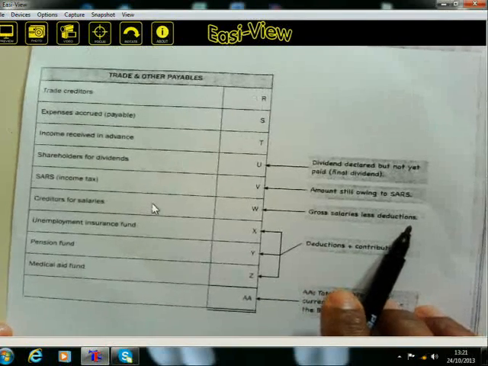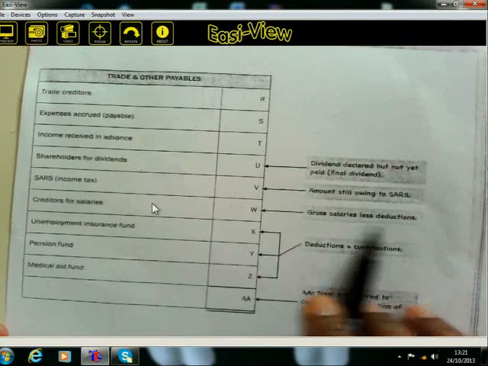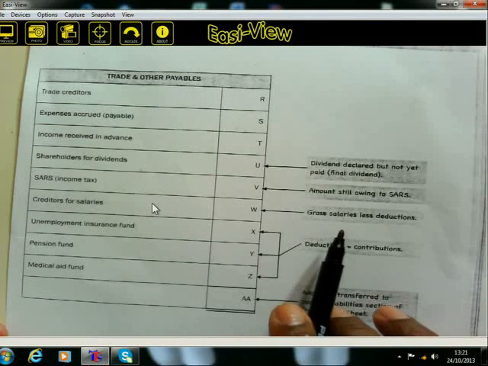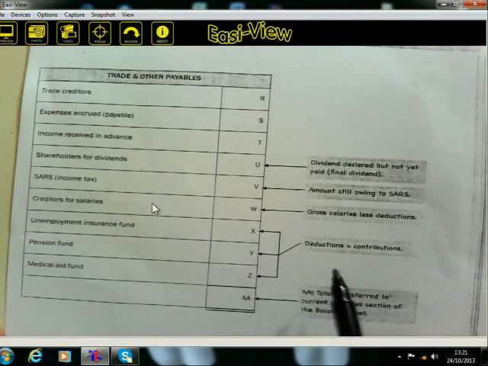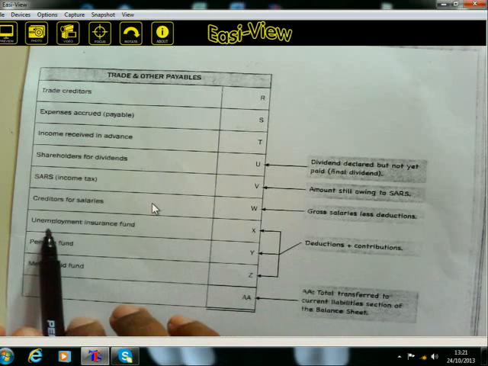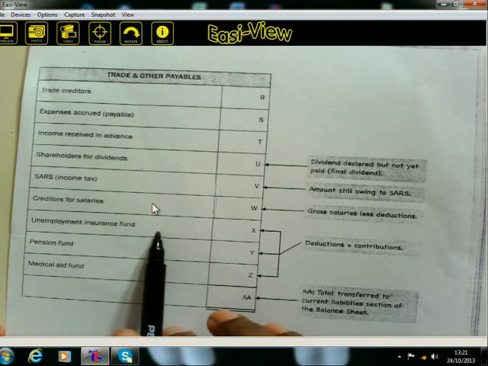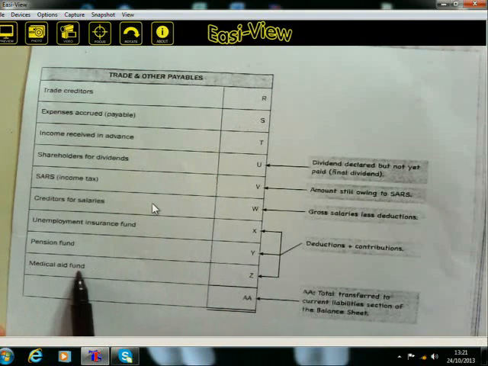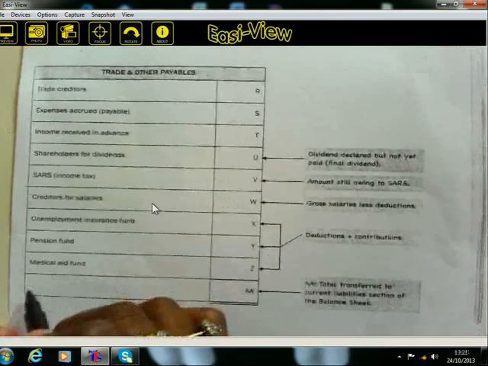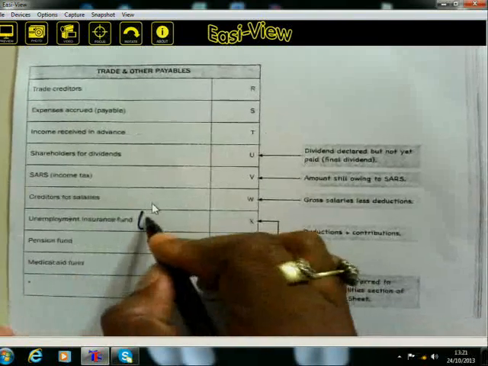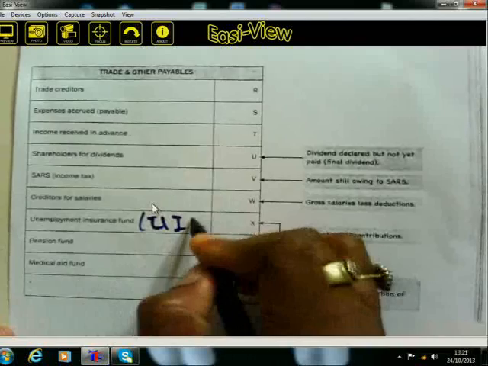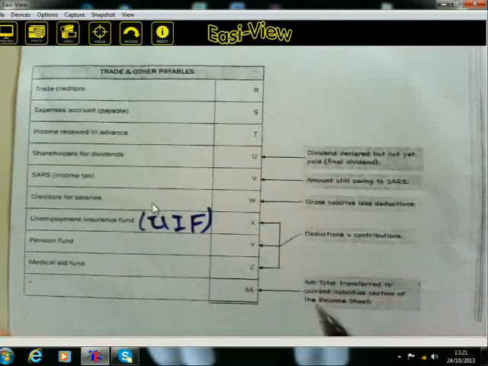And when we subtract the deductions of the employee, remember, it might be the pension fund, the medical aid fund, or the unemployment insurance fund, normally we show it as UIF.